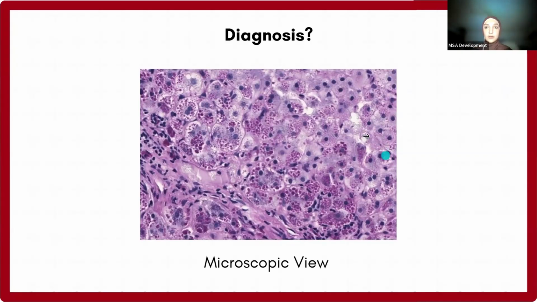There are globules of antitrypsin accumulating inside the hepatocytes, and this is what we're seeing over here, the dark purple accumulations. It's just accumulation of alpha-1 antitrypsin inside the hepatocytes.